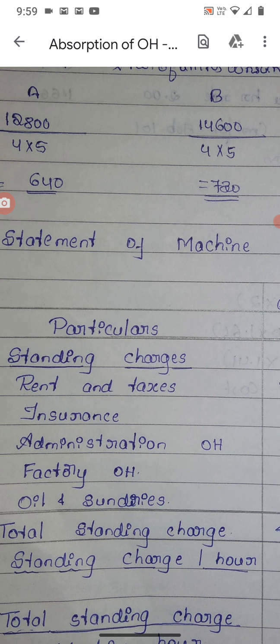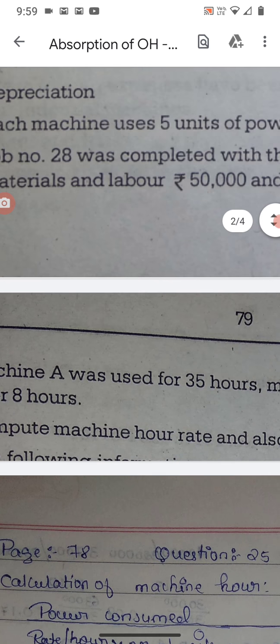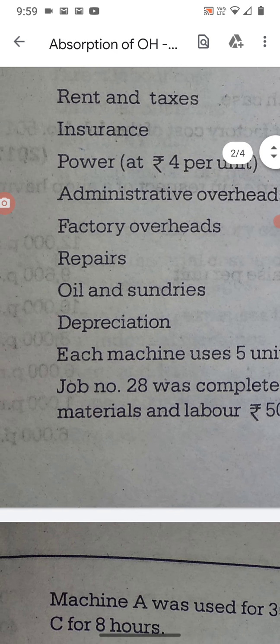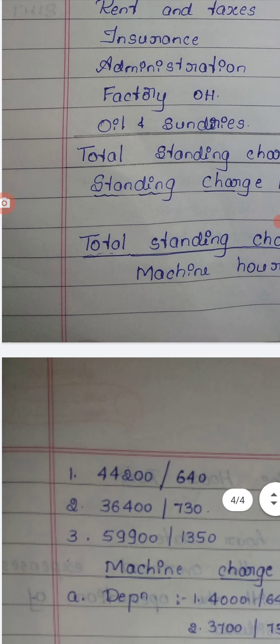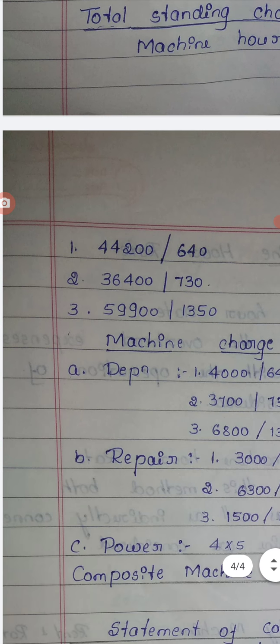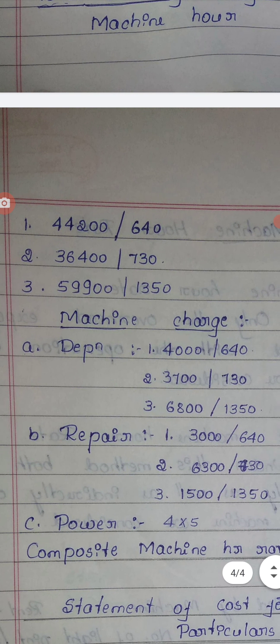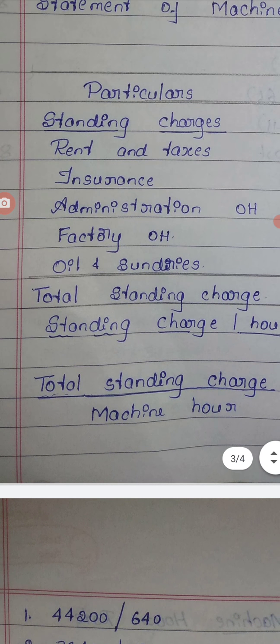As per the problem: rent and rates, insurance, administration overheads, factory overheads, oil and sundries. Sometimes people take oil under machine charges, and some take oil under standing charges. Since it is oil and sundries, they have taken it under standing charges.